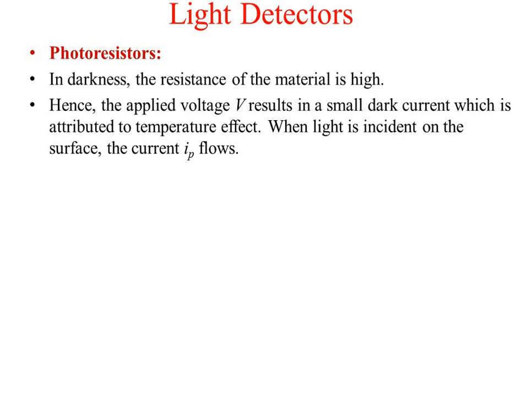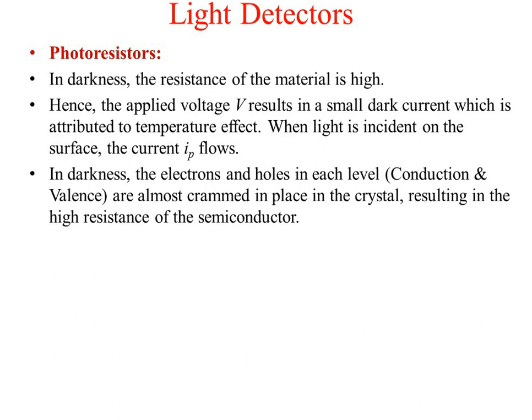In darkness the resistance is very high so the current is very low, and when light is incident on the surface of the photoresistor, the current IP will flow, proportional to the change in resistance, and that change in resistance is proportional to the light intensity.